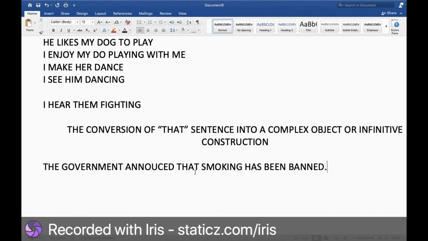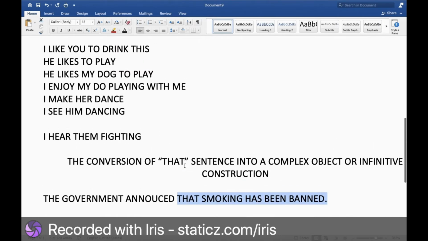So that here is a conjunction. We have a subject and a verb, then a conjunction, and another sentence with subject and verb. But I say that "smoking has been banned" is the object of your sentence.